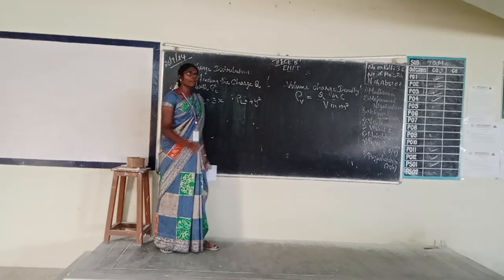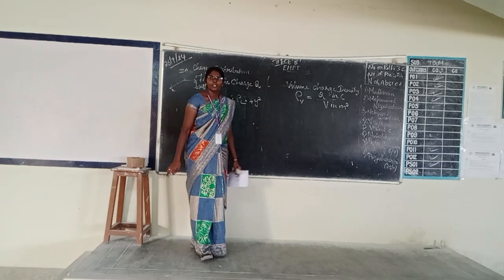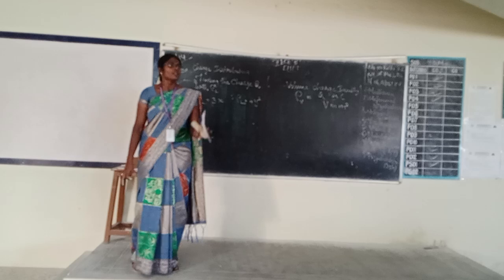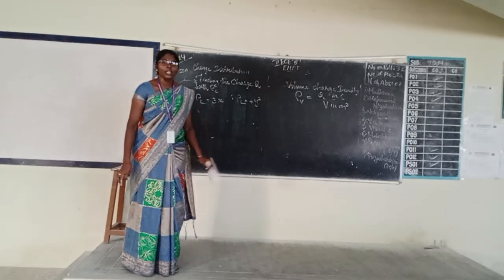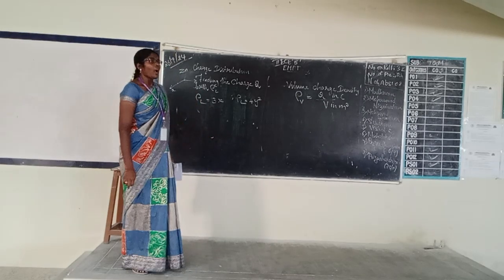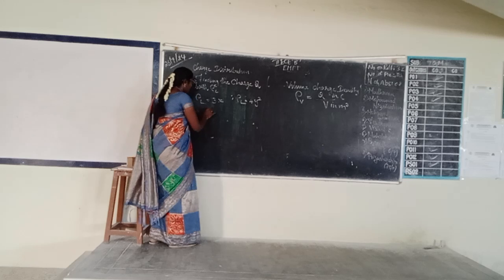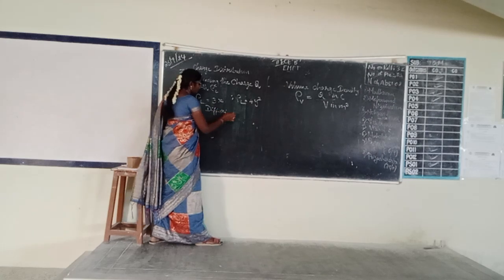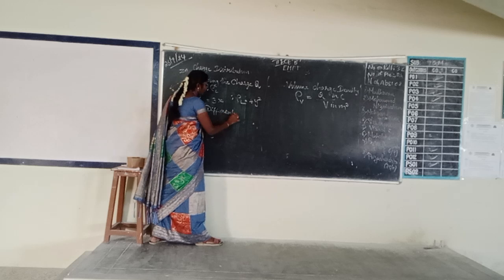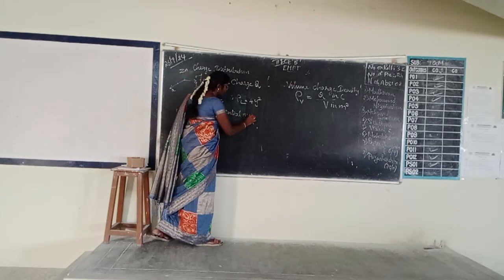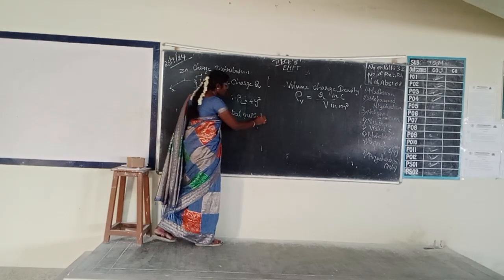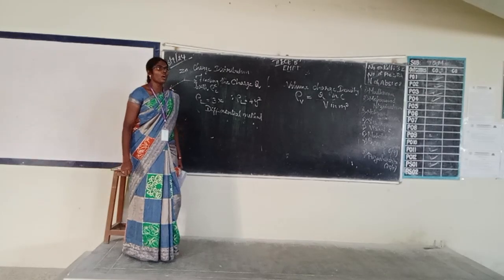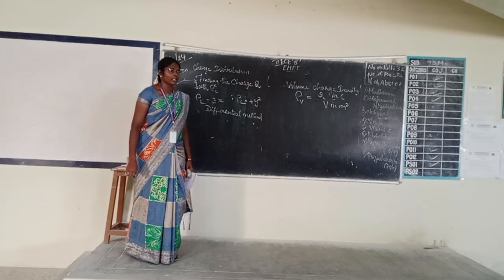Anyhow, it is going to be in that particular coordinate. If rho L is given like this, then how can we find out the charge? By the differential method. To find the charge Q when we know rho L, we go for the differential method.